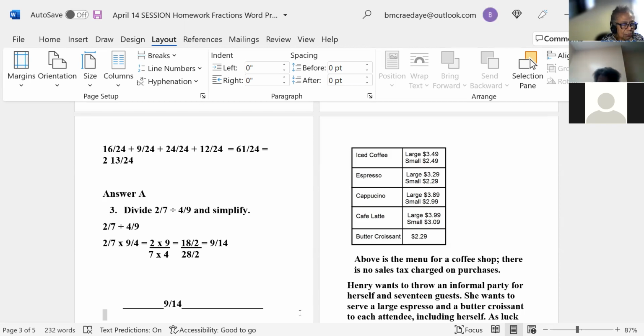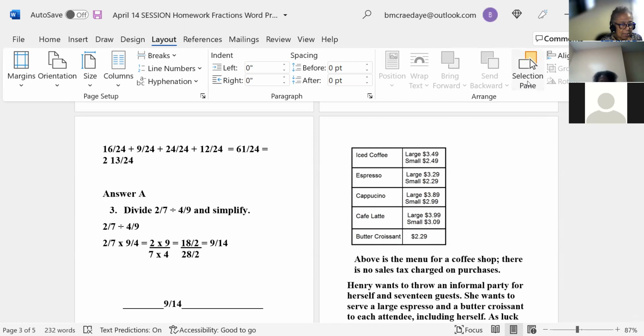You change the division to a multiplication, and you flip it, or turn it upside down, or reciprocal. They all mean the same. So you just flip the second fraction. 4 over 9 becomes 9 over 4. A over B becomes B over A. So that's the rule for the division.